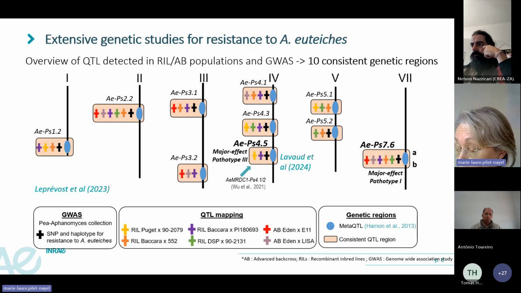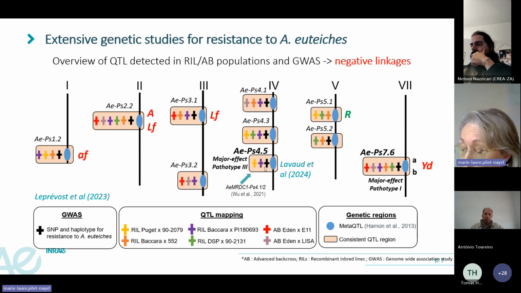The first one, named AePS 7.6, is located on chromosome 7 and is efficient against Aphanomyces euteiches isolates from pathotype 1. And the second one is on chromosome 4, namely AePS 4.5, which is efficient against isolates from pathotype 3.